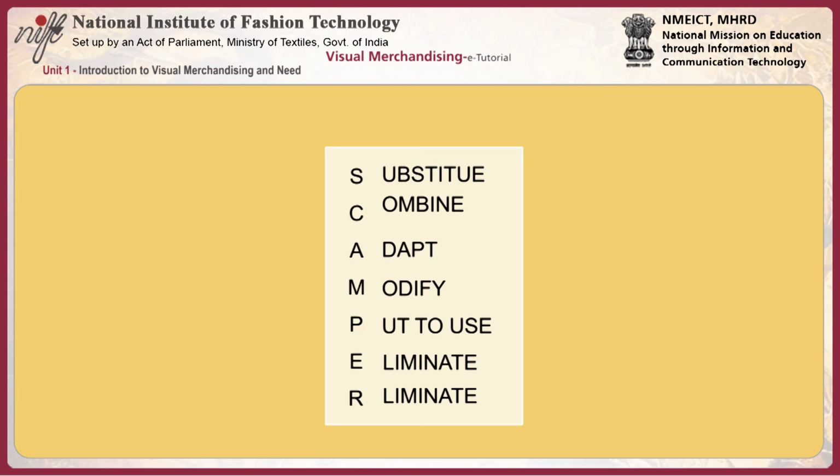S stands for substitute. For example, mannequins which are fully accessorized. C stands for combine, where we combine different ranges of merchandise, which is called cross merchandising. A stands for adapt.